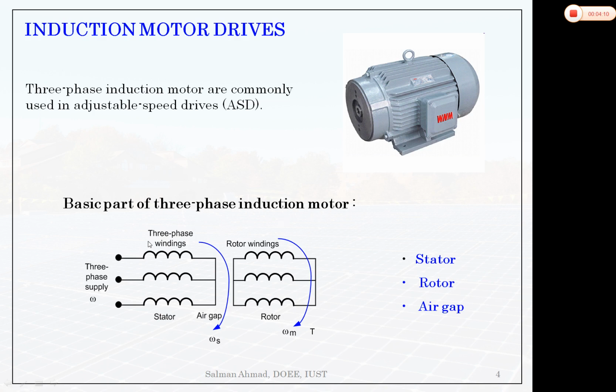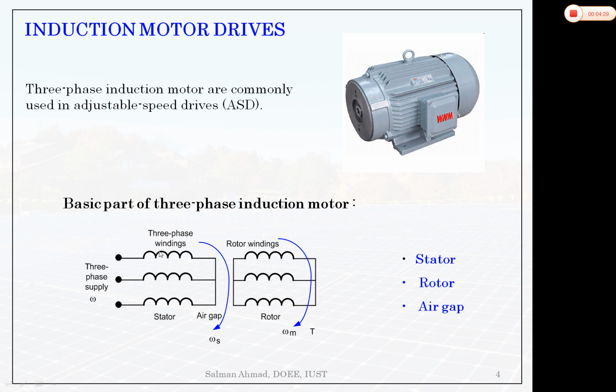So the basic part we can represent like this. There is a stator which has three phase windings, supplied with a three phase supply with frequency omega. So a sinusoidal supply we are giving to a three phase balanced winding distributed in space.